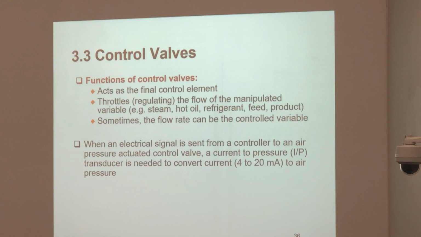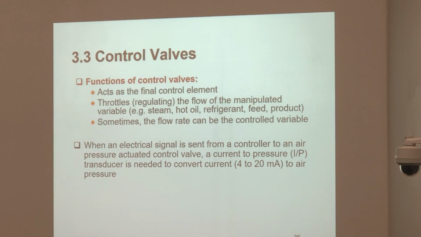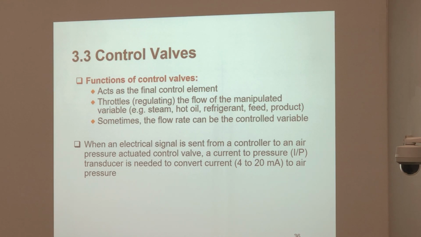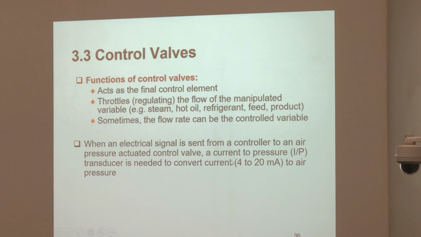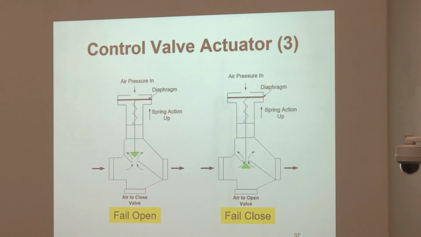So for a control valve, not only electrical signals can control it, sometimes air can control it. Not only an electrical signal can be used to control, a pneumatic signal can also be used. So if the control valve itself is air-operated but I send an electrical signal, I need a transducer in between to convert the signal. This is what we meant by this sentence. Okay? Clear? Then, move on.